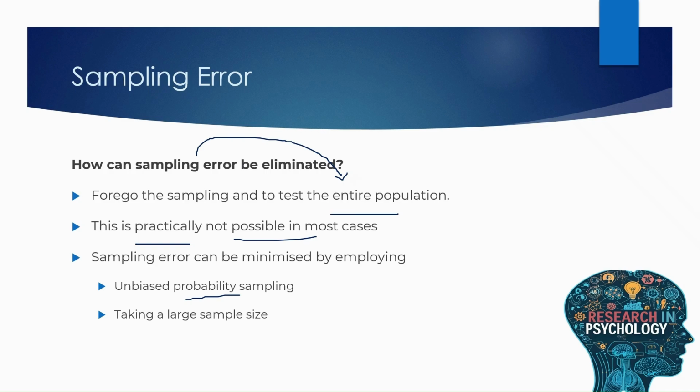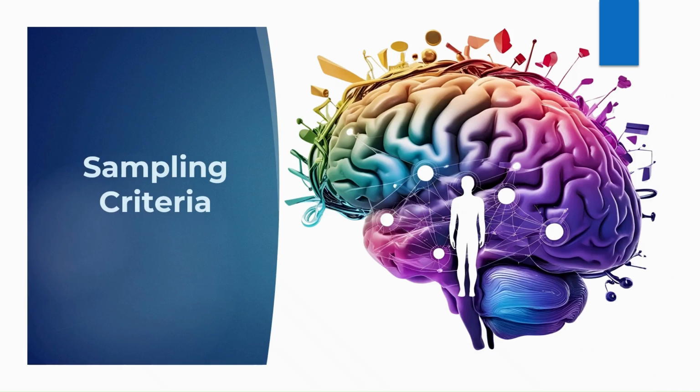The second thing that can be done is taking a larger sample size. We have seen that the larger the sample size, the less the chance of error and the more the generalizability. So sampling error cannot be totally eliminated if you are choosing a sample from the population, but you can minimize it by using random sampling or taking a larger sample size.